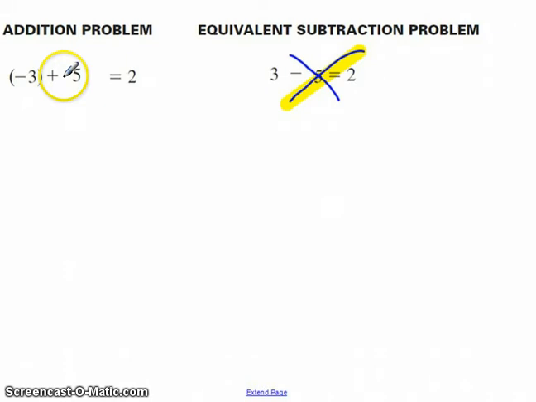Okay, I promised to explain why this mattered, why I'm teaching you how to add negatives. Well, later in the year, we're going to get to more and more complex problems. And there are going to be lots of times when it's going to be easier to solve the problem if I can just reorder the numbers that are in the problem.